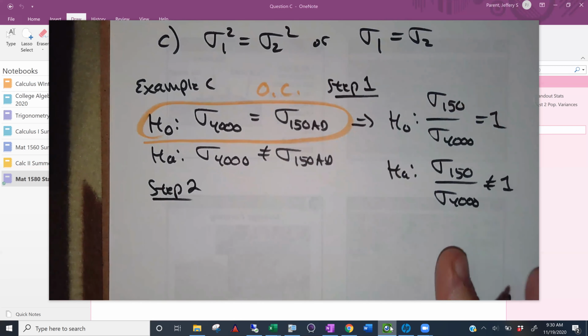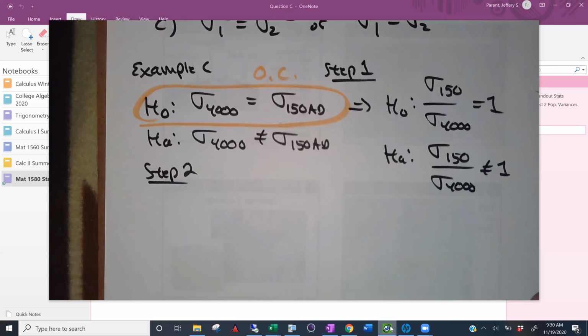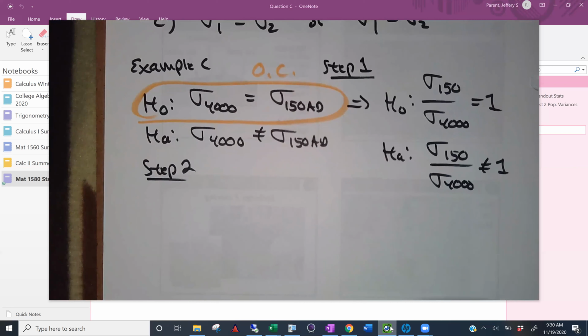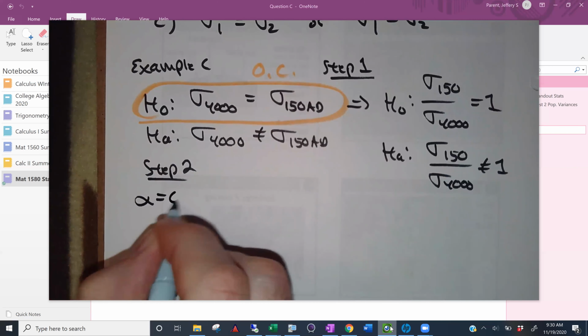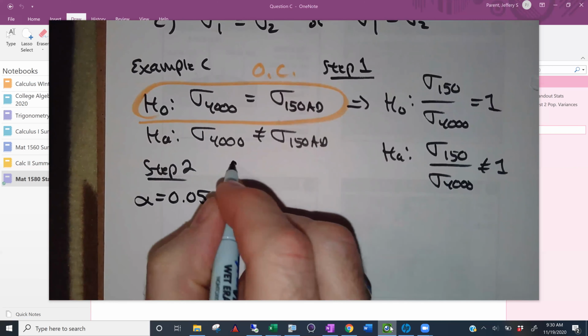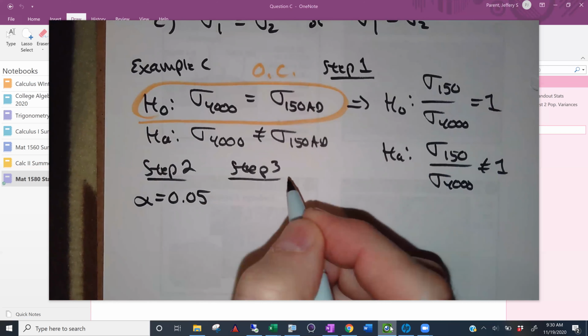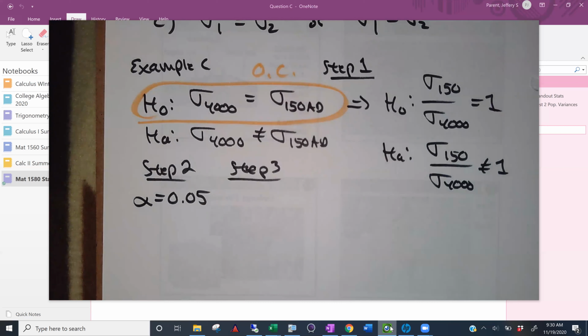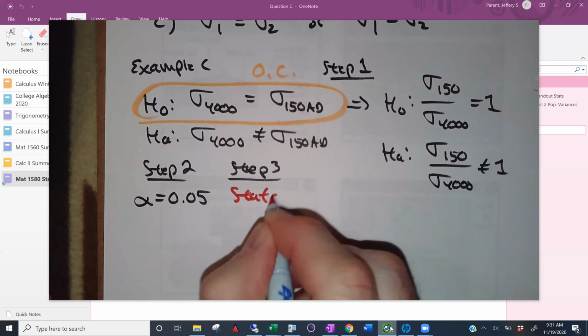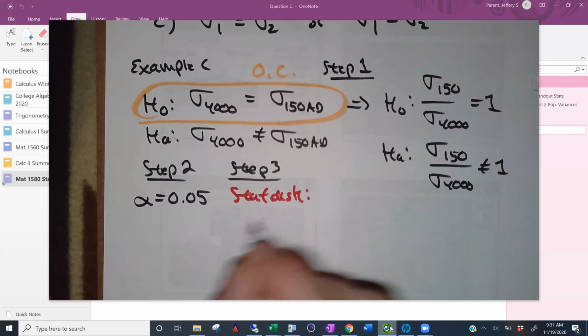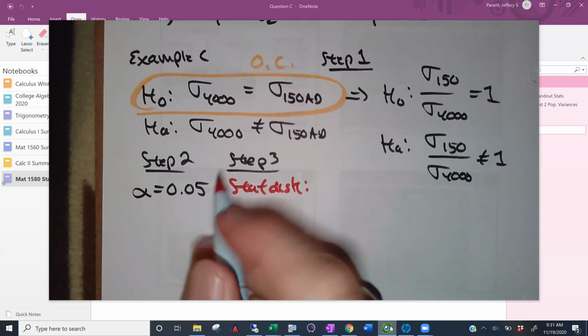Someone make me look good. What's step 2? Determine alpha. Alpha, good. And alpha was given to us as 0.05. Step 3, want to put this in StatDisk. And for StatDisk, you're going to go to a predictable place.